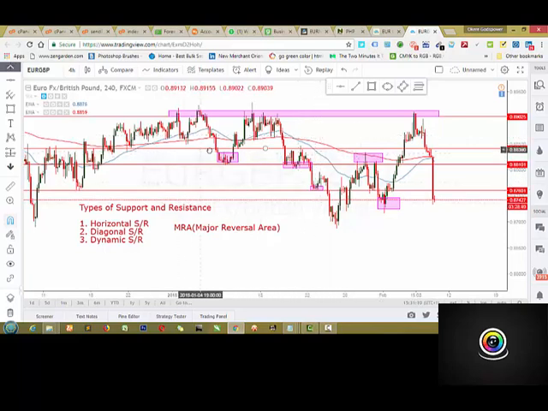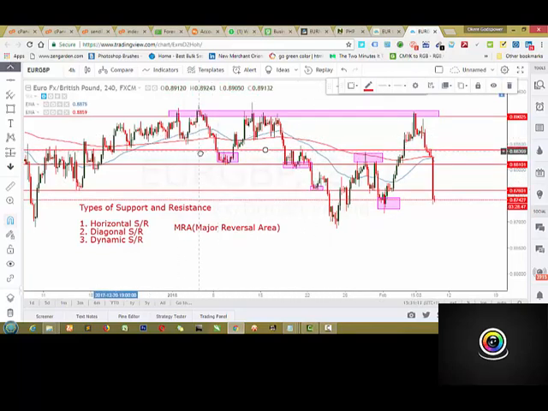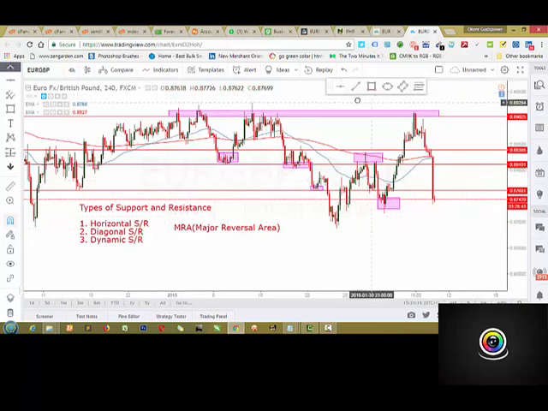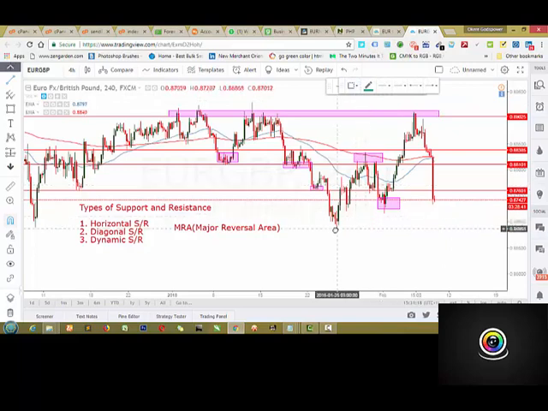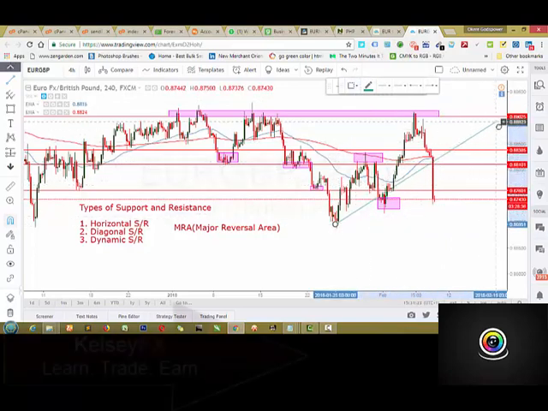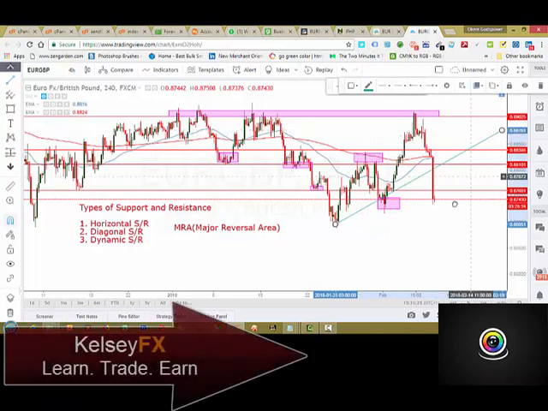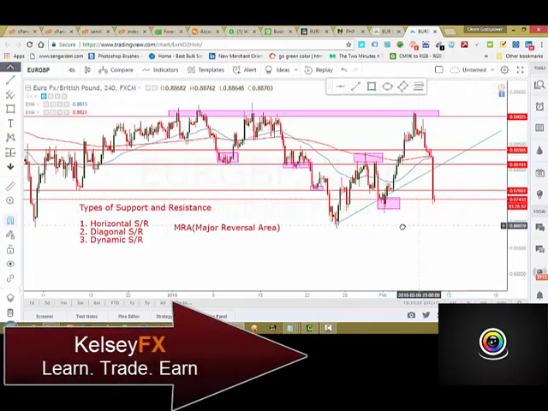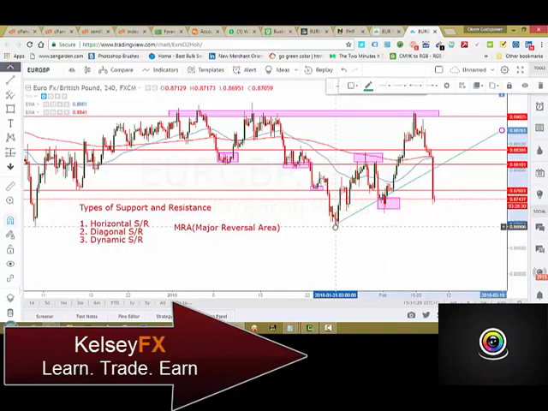The diagonal support and resistance, ladies and gentlemen, is identified by drawing a trend line. When you draw your trend line, it identifies a diagonal support and resistance.